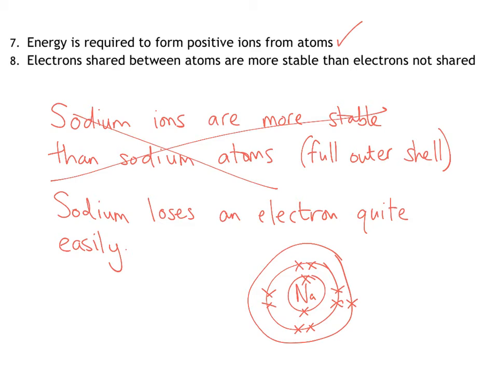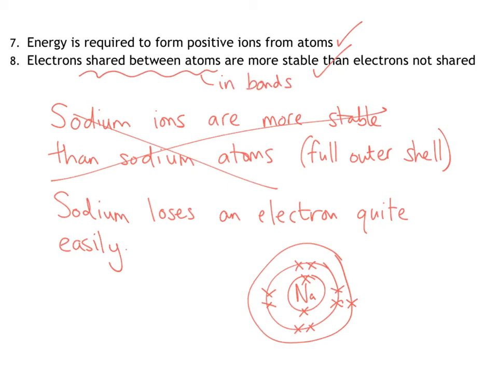Electrons shared between atoms are more stable than electrons not shared. I've got an awful lot of true ones in a row here. Yes, that is also true. So electrons shared between atoms are more stable. What we mean by electrons shared between atoms is electrons in bonds.